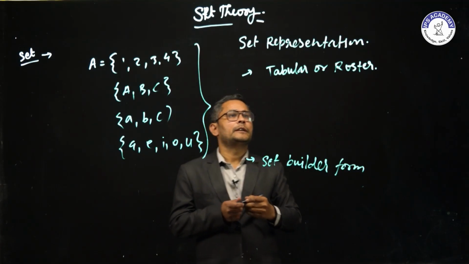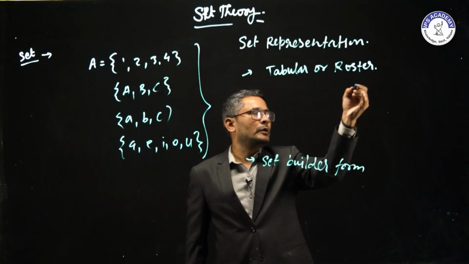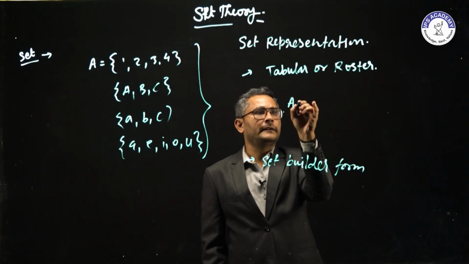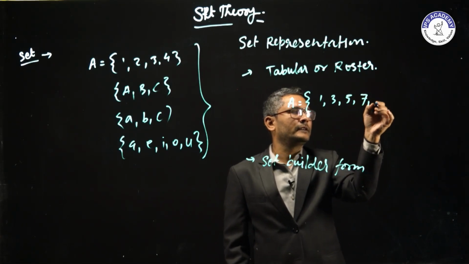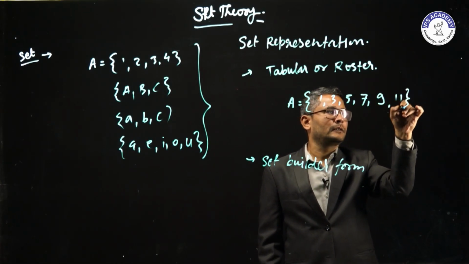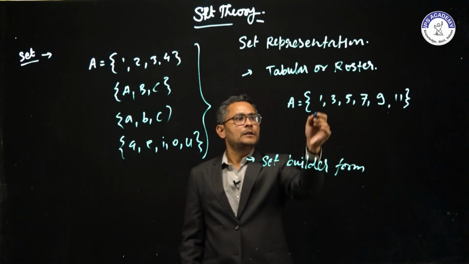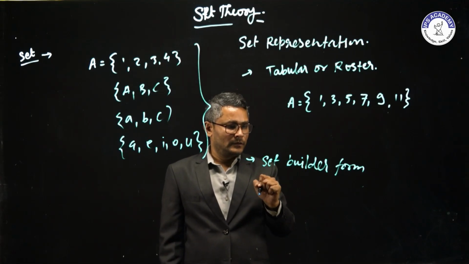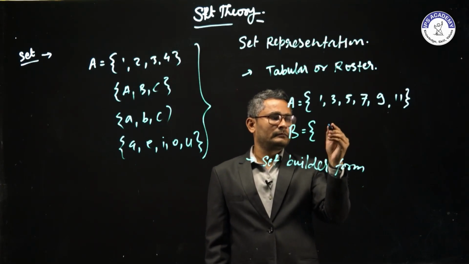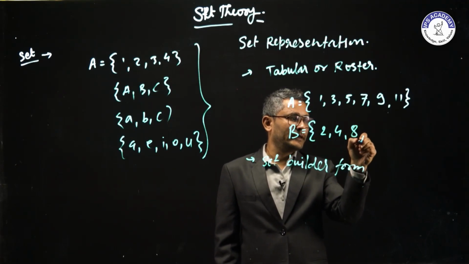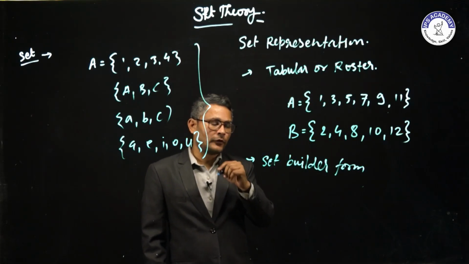In roster tabular form, the set will be represented in table form, like you have a set A with the elements 1, 3, 5, 7, 9, 11. So, this is just a simple tabular form. Each element is separated by a comma. Another example is 2, 4, 8, 10, 12. So, this is the tabular or roster form.